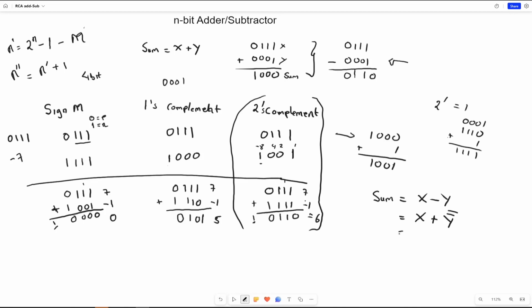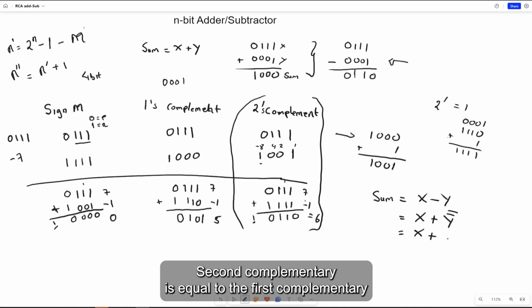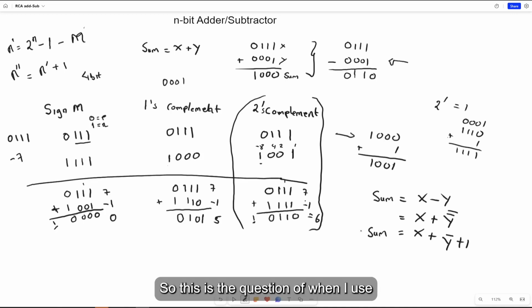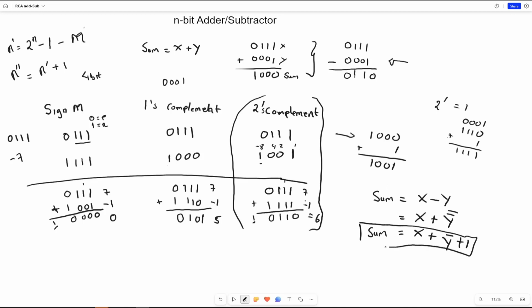And we know the second complementary is equal to the first complementary plus 1. So this is the equation we're going to use to design our Adder Subtractor for the reciprocal adder.